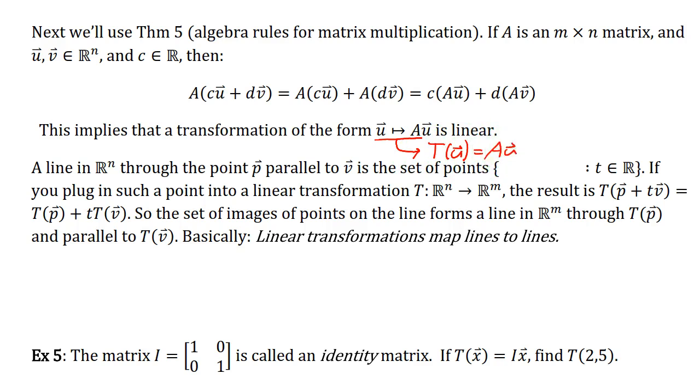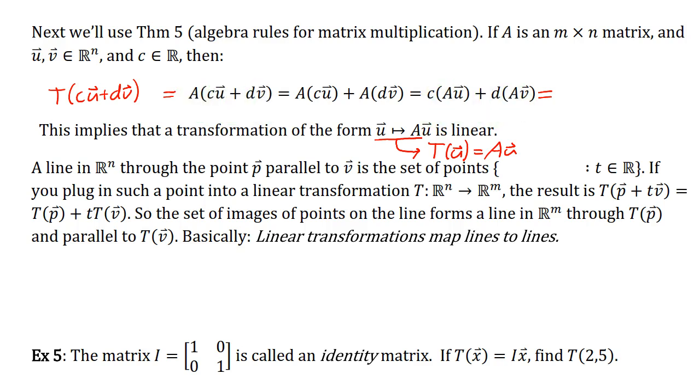And what we have on the right here, this is another way of writing T of cu plus dv, and that turns into all this other stuff. And on the, I guess I got right mixed up with left. This is the left, by the way.